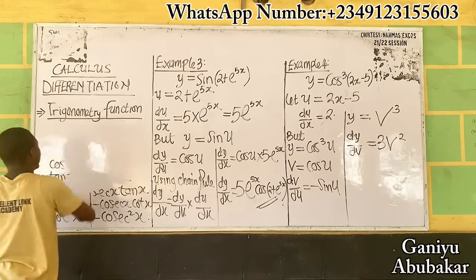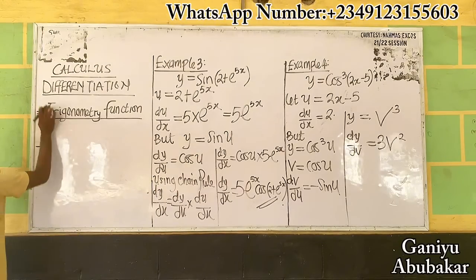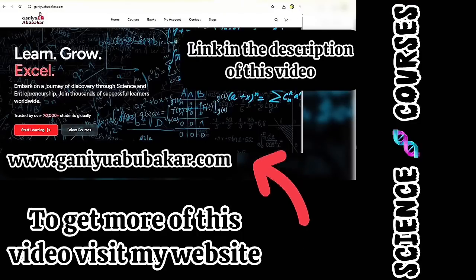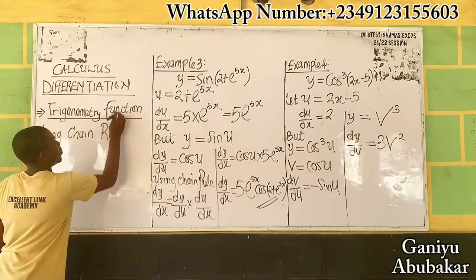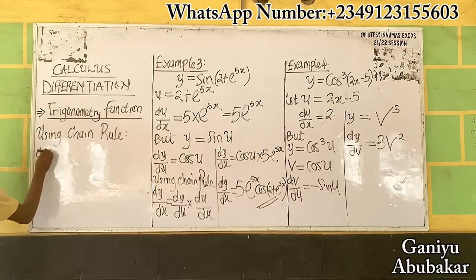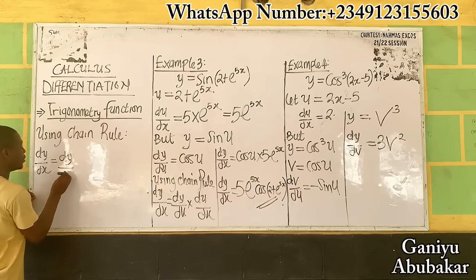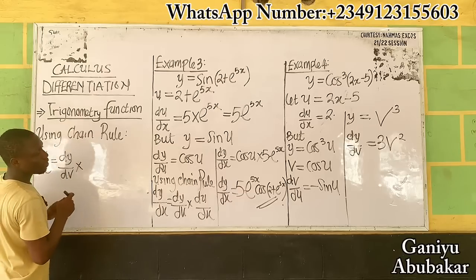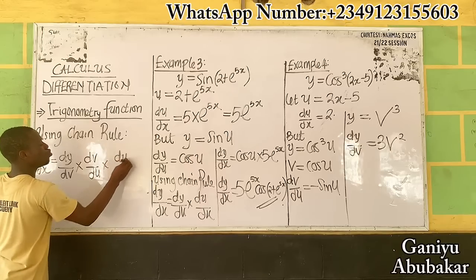but my chain formula here will be different. So I'll have my formula, using chain rule, that dy over dx is equal to dy over dv times dv over du times du over dx.